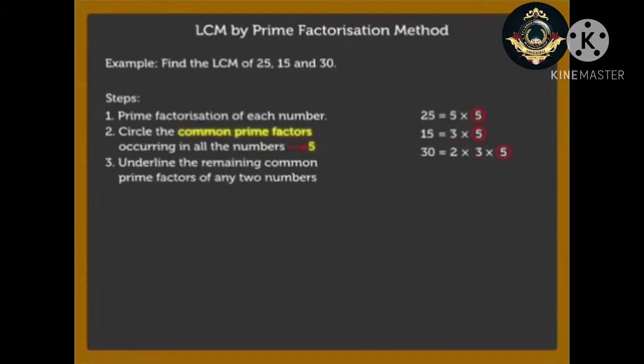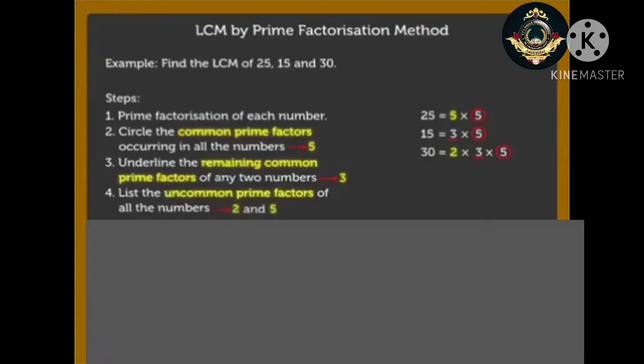Here, we get the remaining common factor as 3. Step 4. List the uncommon prime factors of all the numbers. Finally, the uncommon factors are 2 and 5.